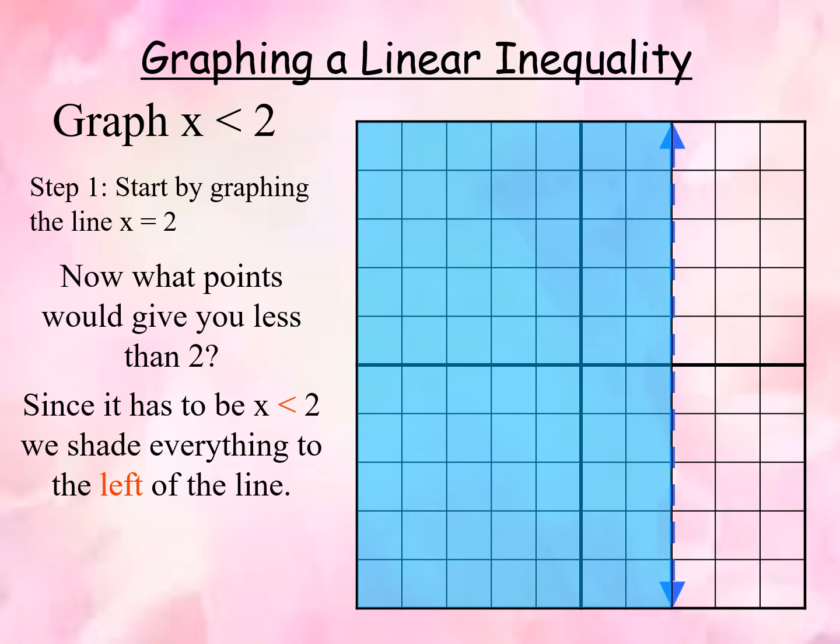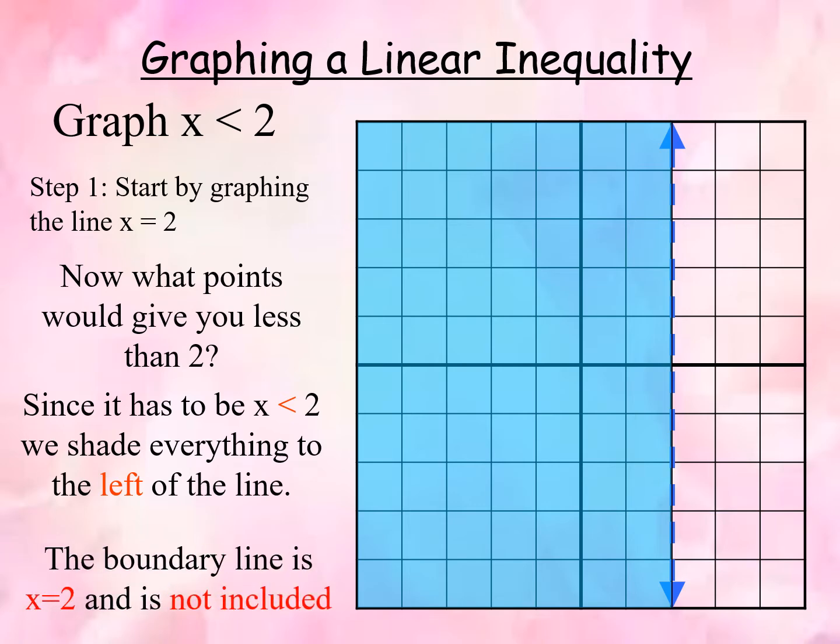So all the numbers less than 2 are included in the solution set. The boundary line is x equals 2 and it is not included. A broken line indicates that the boundary line is not included.